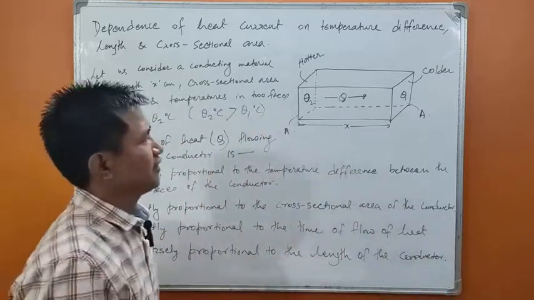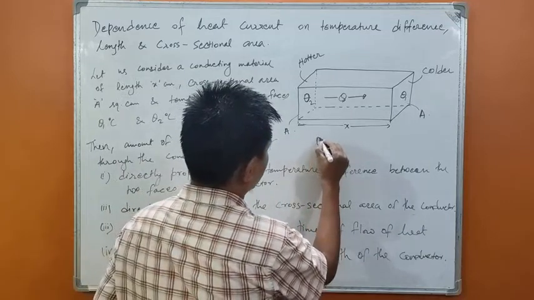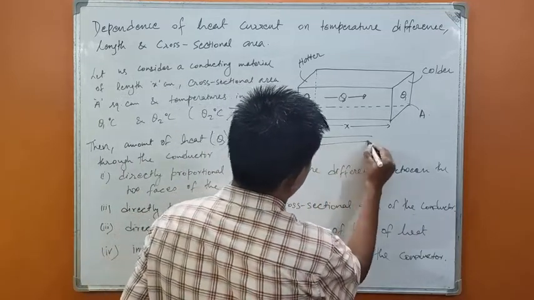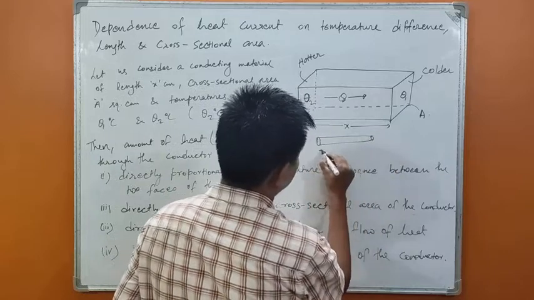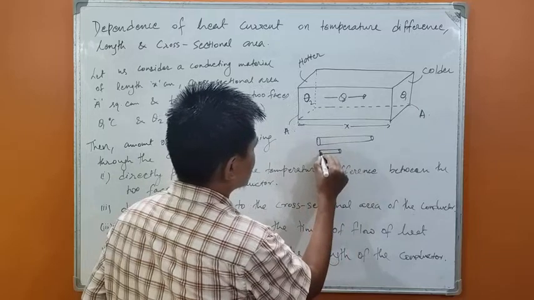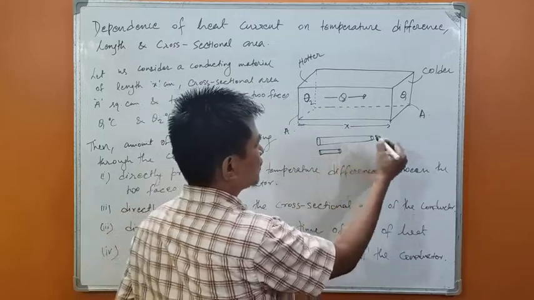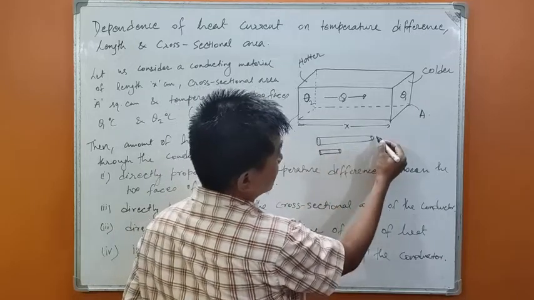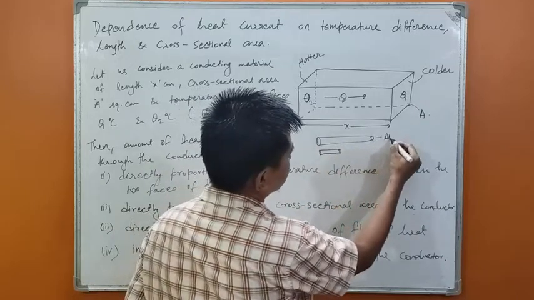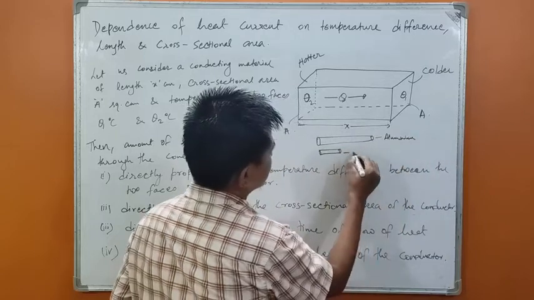Okay, now let me give you an example. These two are metallic rods, just an example. These two are metallic rods of the same cross section and same material, but different length. This one is aluminum, and this is also aluminum.